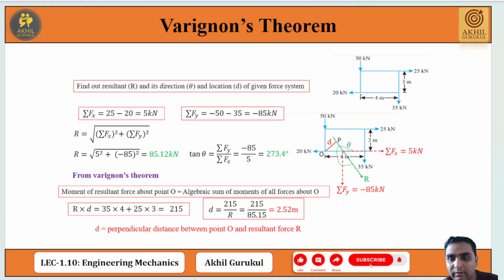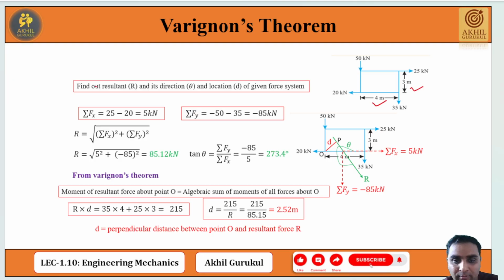Here there is a rectangle with some forces acting on all sides. The size of the rectangle is 40 meters and 30 meters. So we have to calculate all forces in the x direction and all forces in the y direction.